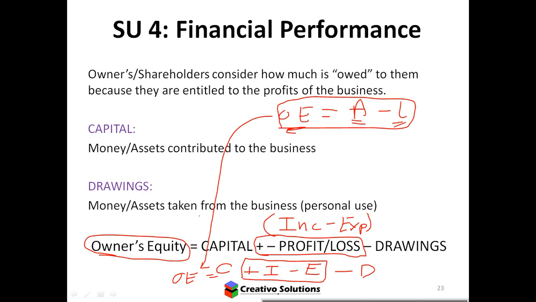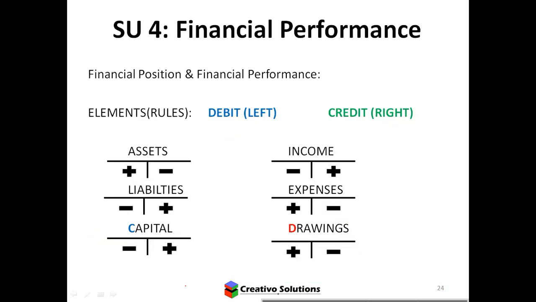Owner's equity here and owner's equity there are going to be the same. It doesn't matter which equation I use. The business is operating, so whatever the business generates is the owner's. You could use the asset one or the capital one, it doesn't matter. It's just 2 different equations for the same thing. What is it trying to calculate? The owner's entitlement. That's what we're trying to calculate.